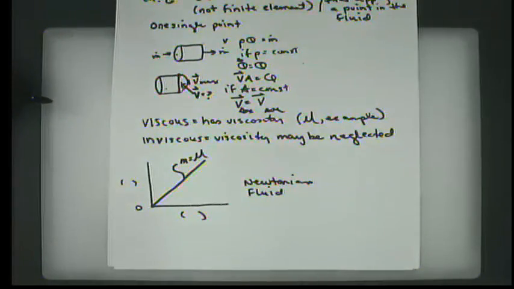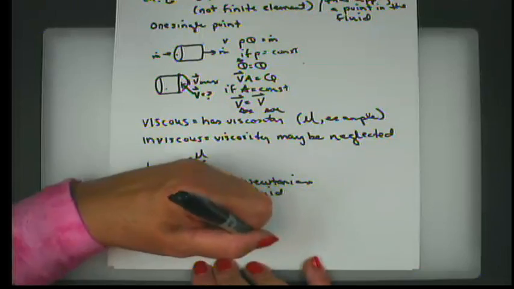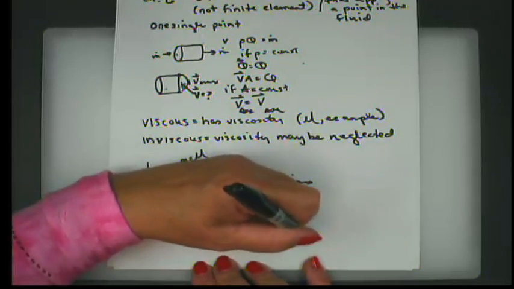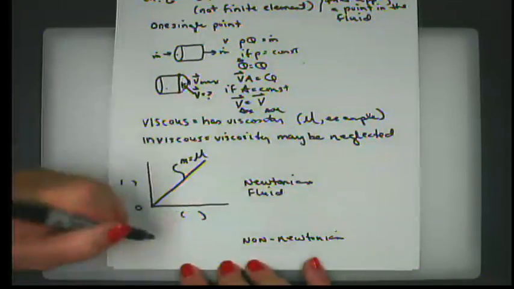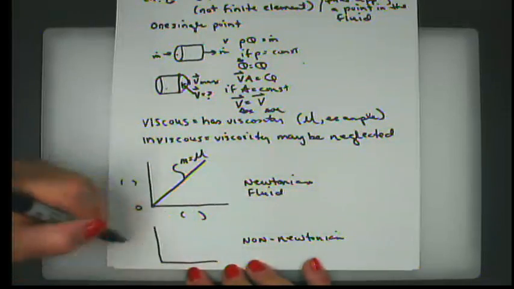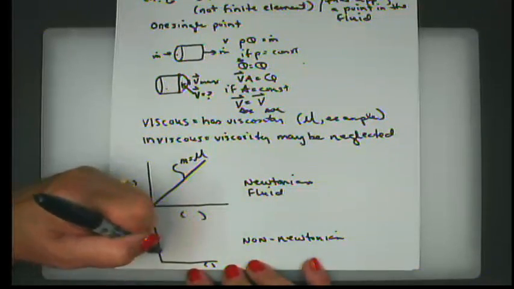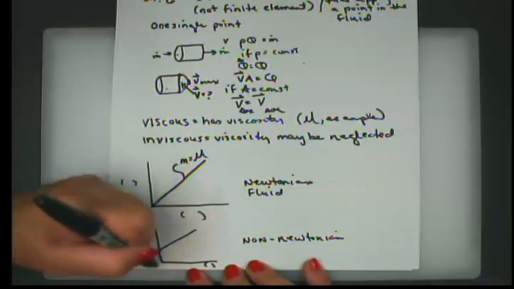That is a definition for a Newtonian fluid. Now, any non-Newtonian fluid is just something that doesn't behave that way. So in other words, with the same axes labels, maybe the fluid doesn't run through zero.